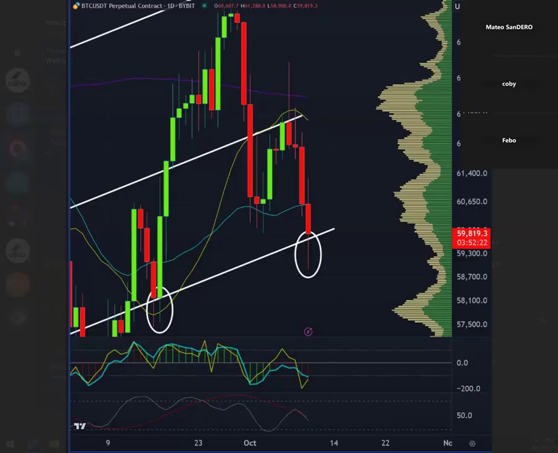I mean doji from the perspective of, obviously, the open-close bar being a little bit too wide for a doji, but for me this is still a doji, an uncertainty bar, so to say. This is more sideways than it is directional, as an indication for the next call.